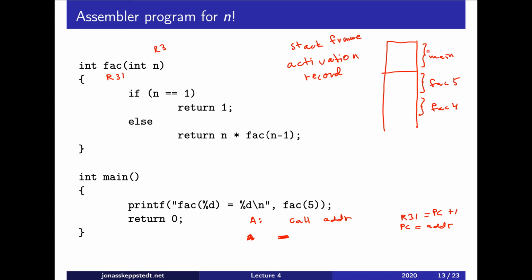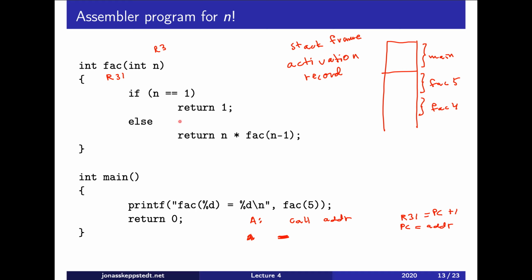Okay, so what should we save there? We clearly in this function need to save R31 somewhere, and we need to save the parameter, because when we return, R3 will have been overwritten. So we should use our own R3.